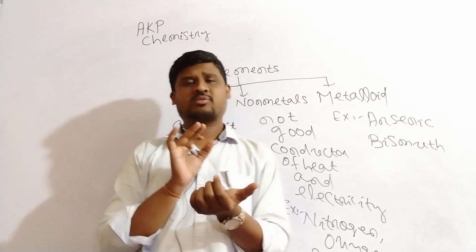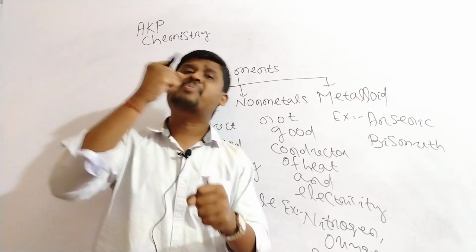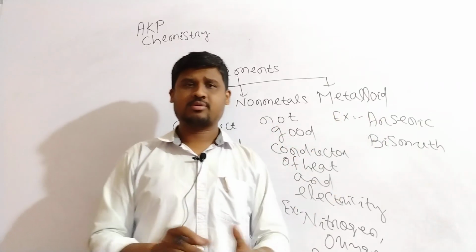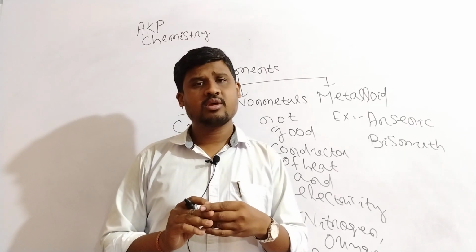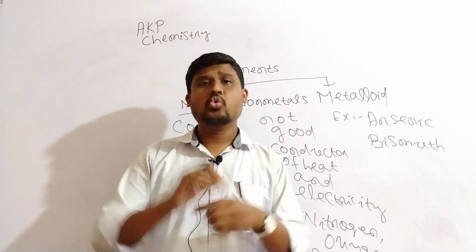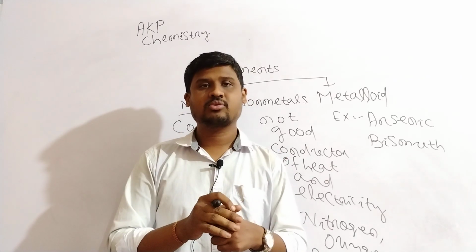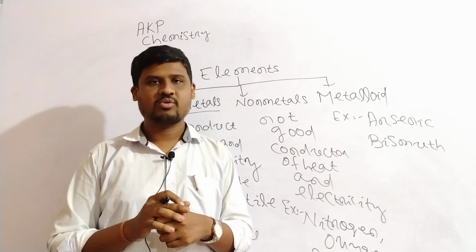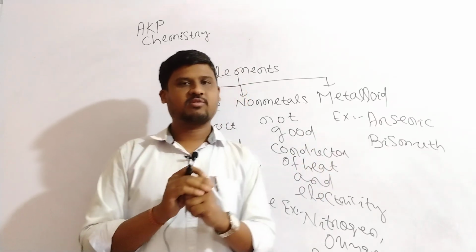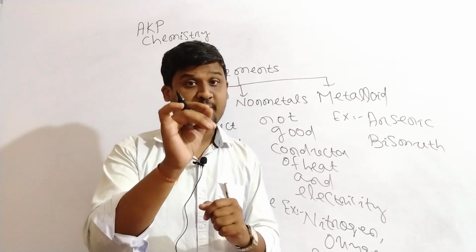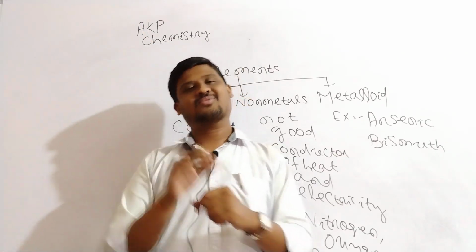So what do we mean by compounds? Two or more elements combined together in a fixed ratio. That is called a compound; you already know this from the previous class. And what is a mixture? Two or more constituents combined together in any ratio. The one-word difference is that a compound is formed in a fixed ratio, and a mixture is formed in any ratio.